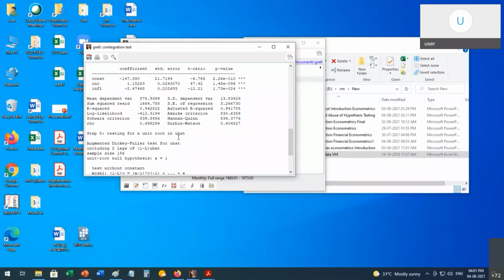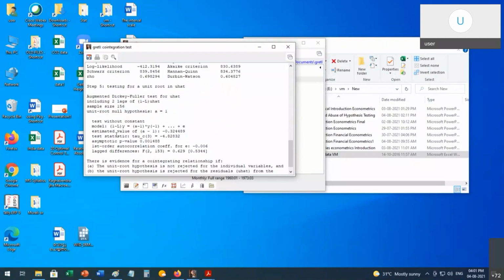We have already tested the other cases, so we need not do this. So we consider only this. Here we have to see whether there is a unit root in the residual u hat.